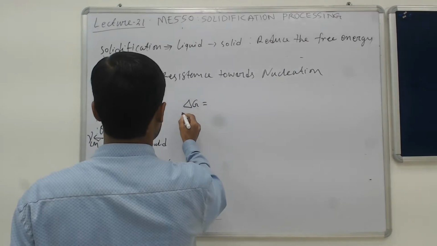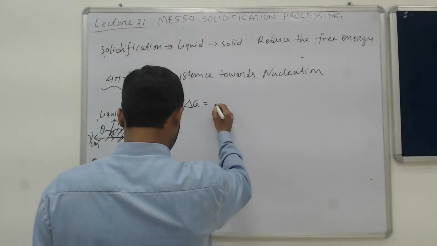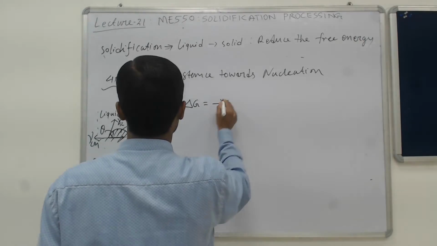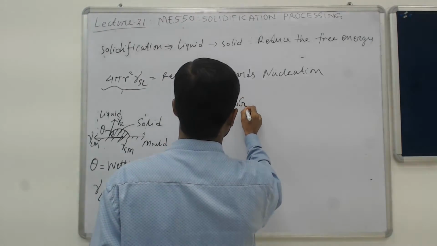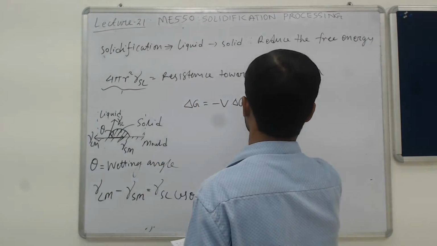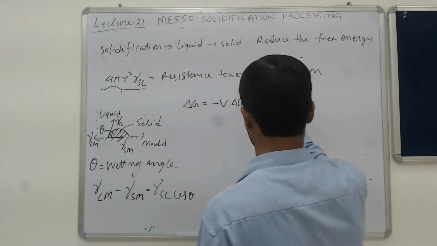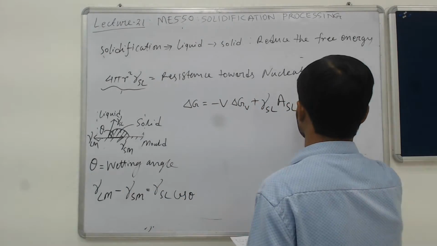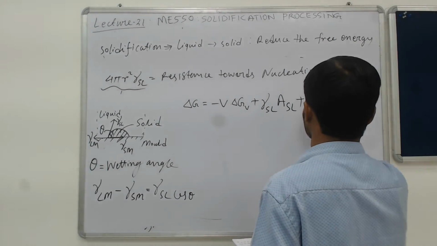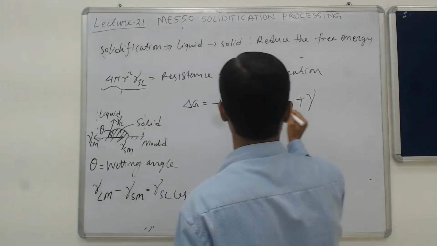Delta G star, that is the energy of formation, will be minus volume of the cap that is being formed times delta G V, plus gamma SL times A SL, this is the surface being formed, plus gamma SM times A SM, another surface between solid and the mold.